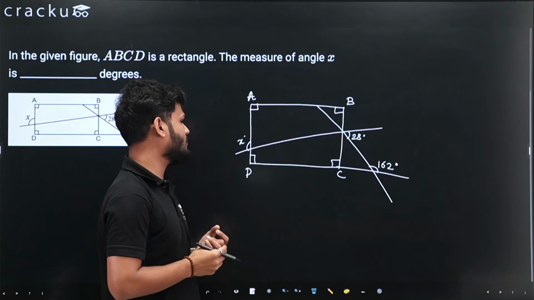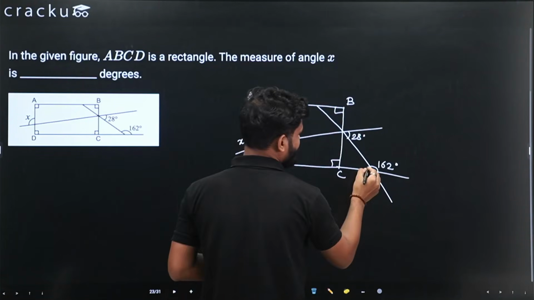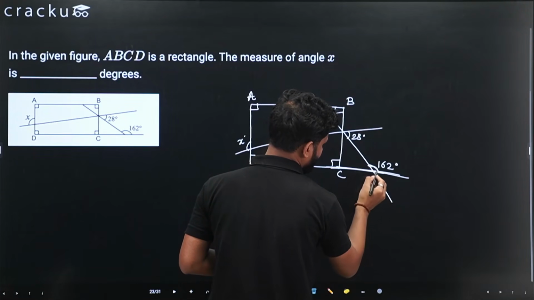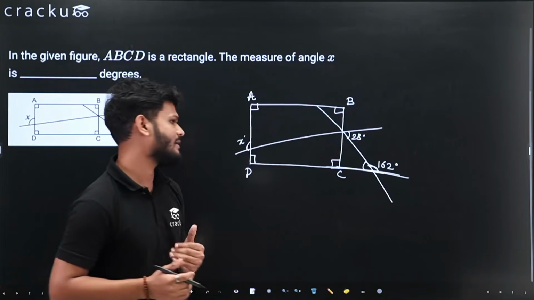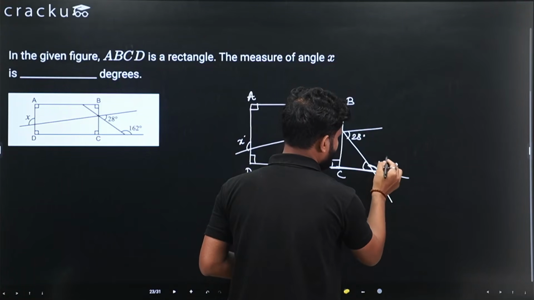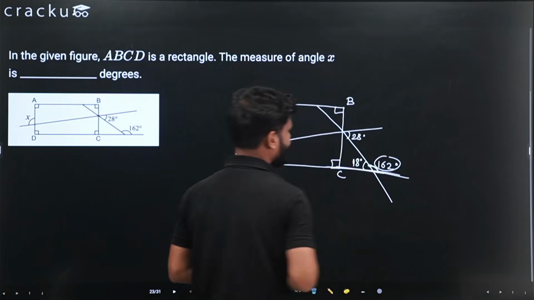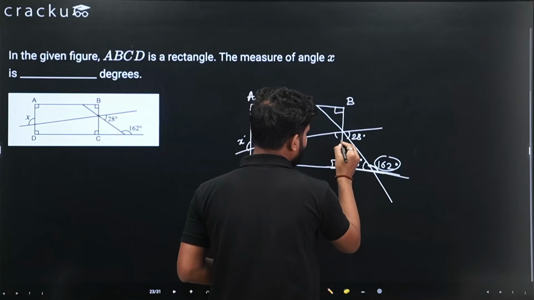Let us find out how we can do it. So this is 162 degrees. If you see this straight line, this angle plus this angle will be 180 degrees, supplementary angles on the same straight line. So if this is 162, this should be 18 degrees, correct? Now what about this complete angle?